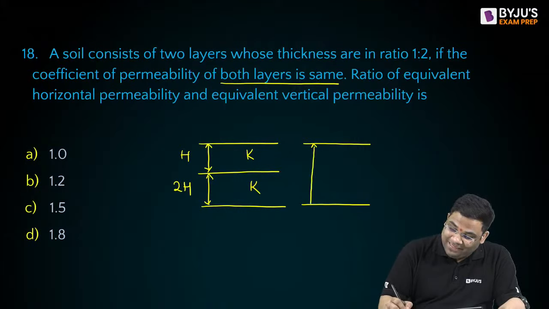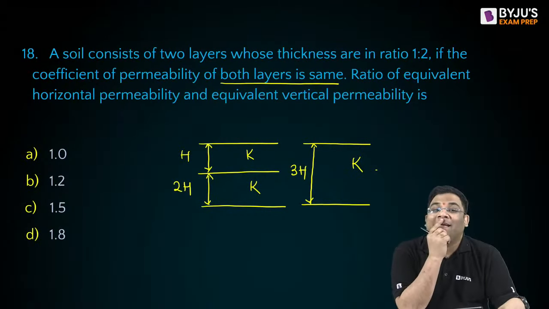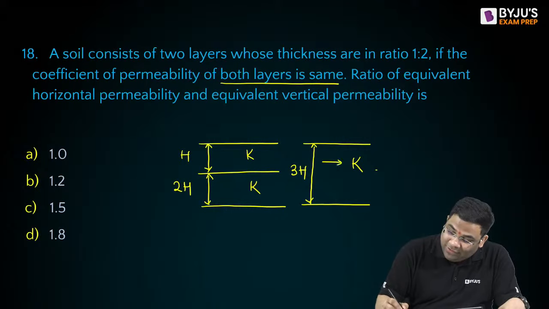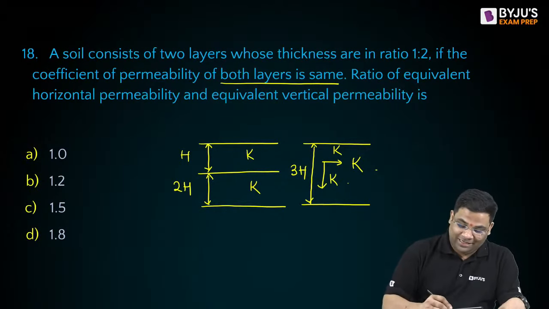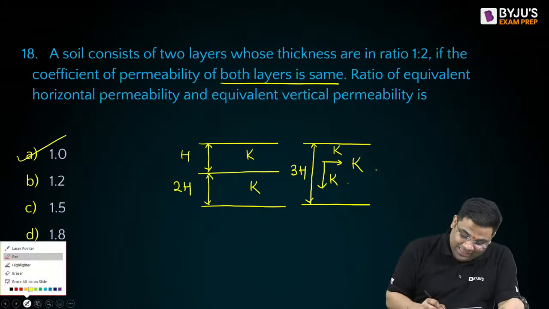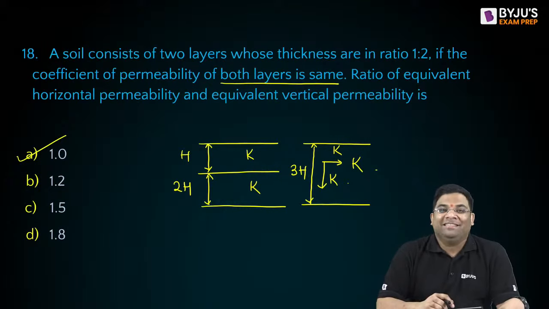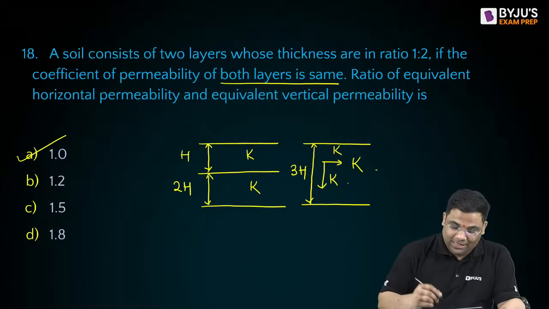With your coefficient of permeability K. So in horizontal also it will be K, in vertical also it will be K. So the answer is the ratio is 1. It's a tricky question. Understood, everyone? Since both the layers have same K, that means it is one layer only. That was a trick question. Let us solve the next question.